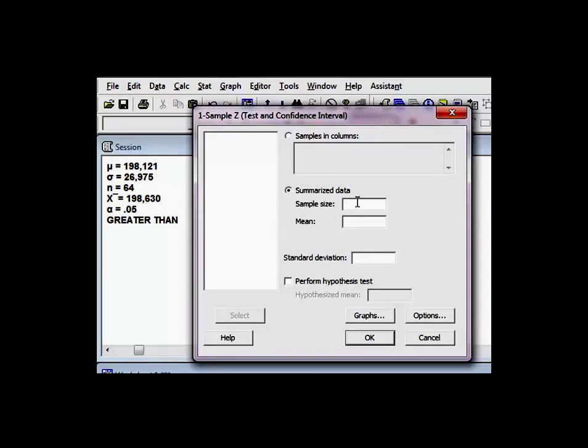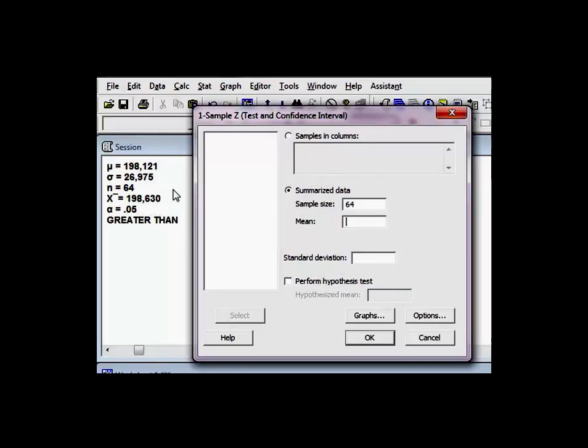First thing I want to know is, what is my sample size? Well, n is 64. You will notice that everything right here has to do with my summarized data, right? So all of this information, sample size, the mean, and the standard deviation, is all going to come from my sample.